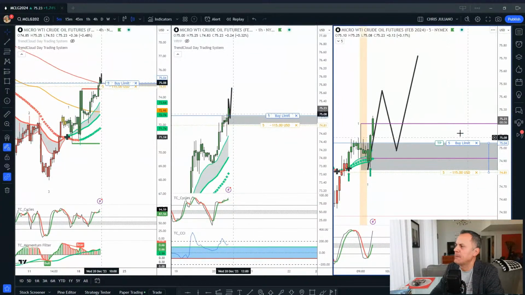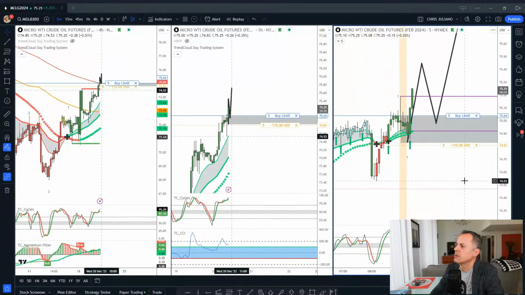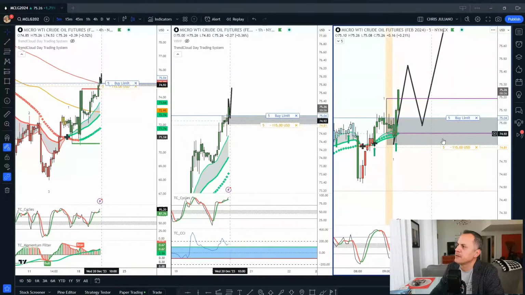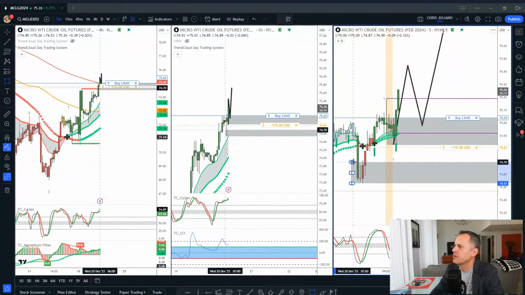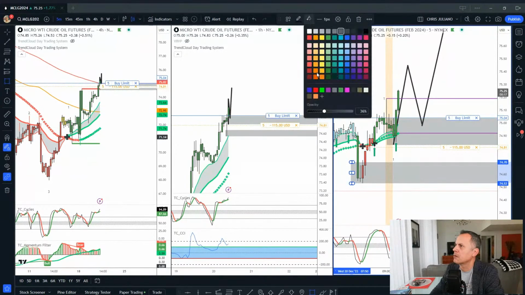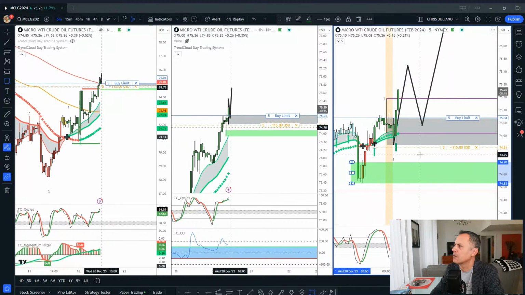All right, so I'll be aggressive and put that trade up there. Continue this move. Right? If it stops us out, we've got this down here. Boink. There we go.